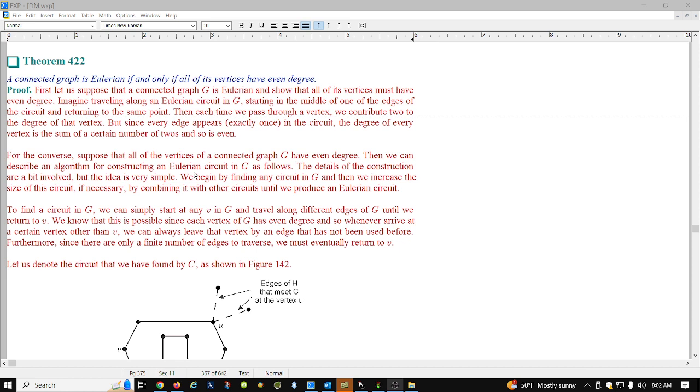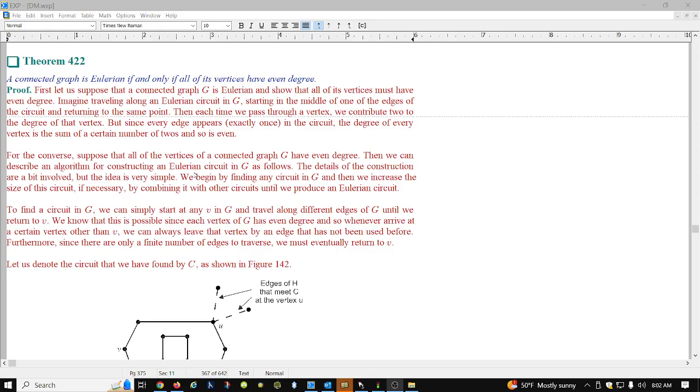Well, we can describe an algorithm for constructing an Eulerian circuit in G in the following way. The details are a little bit involved, but it's a simple idea. It's just sometimes simple ideas are hard to put in words.